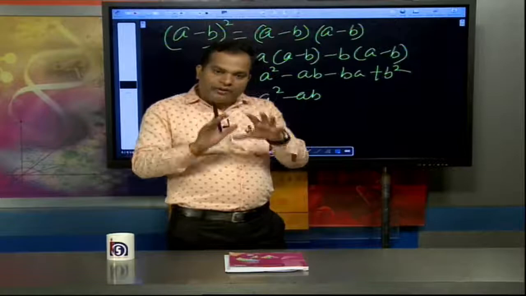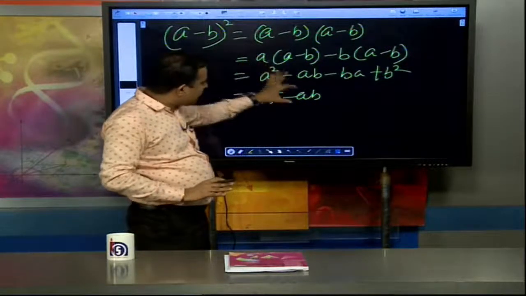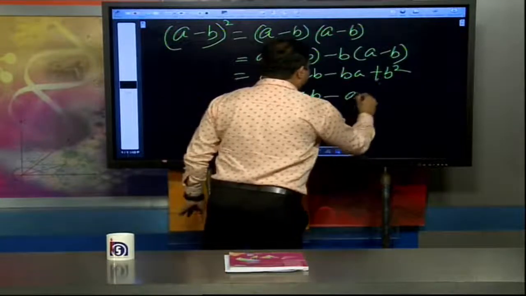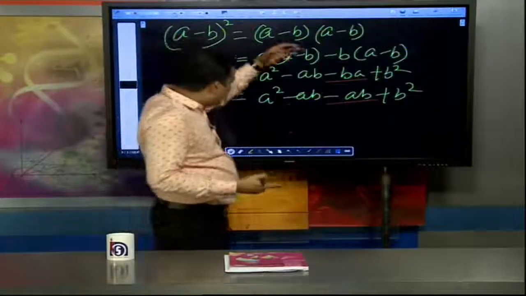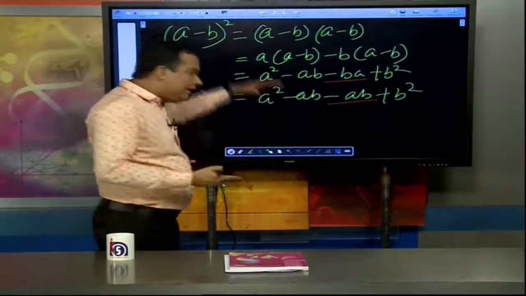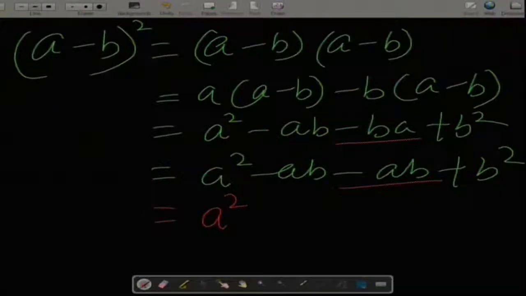So by using the commutative property, I can write A square minus AB minus AB plus B square, because there will be no change in the values. When we simplify again, we get A square minus 2AB plus B square.